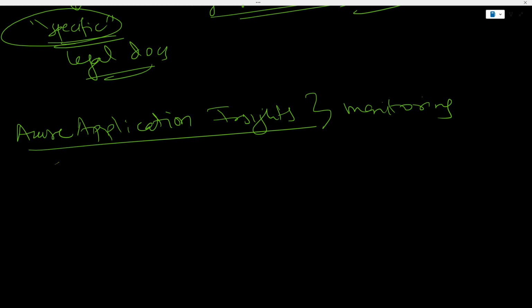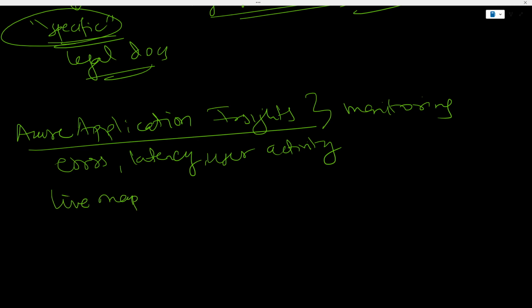It is going to track the errors, the latency, the user activity, all of that. So whatever interaction the user is having with this agentic workflow, Azure Application Insights is going to track all of that. And in the end it also generates something called live maps.